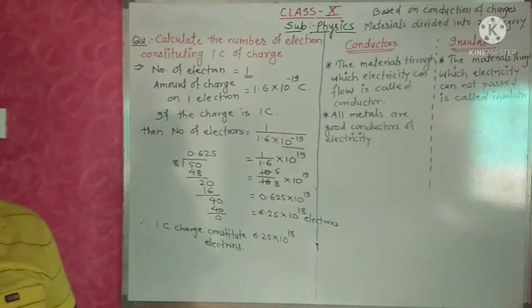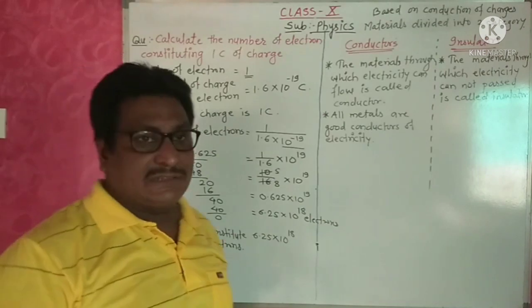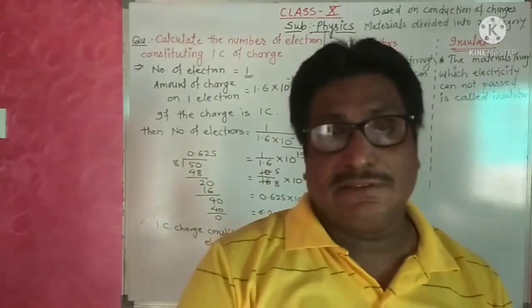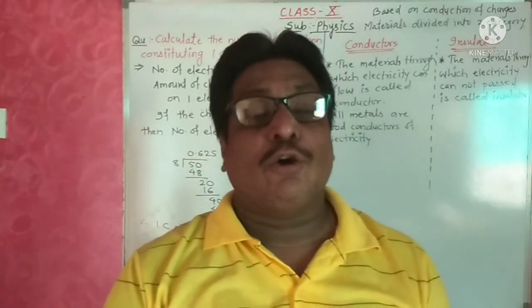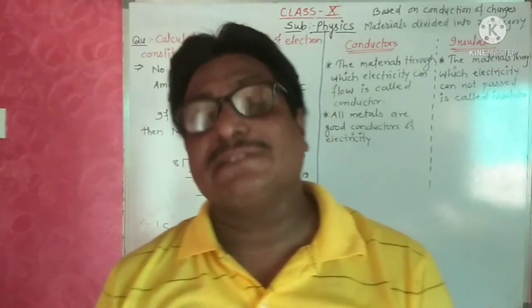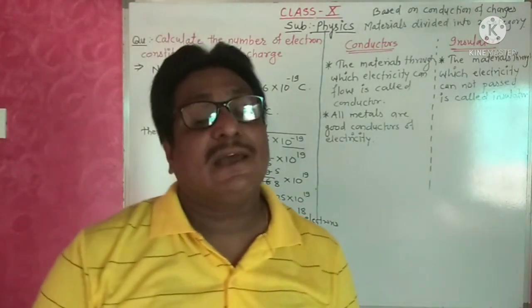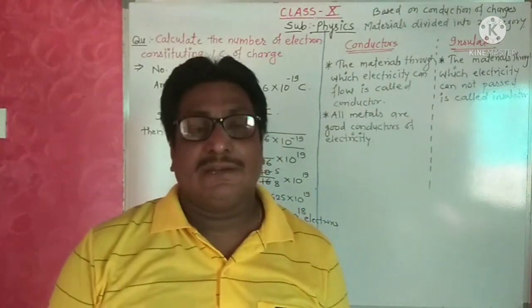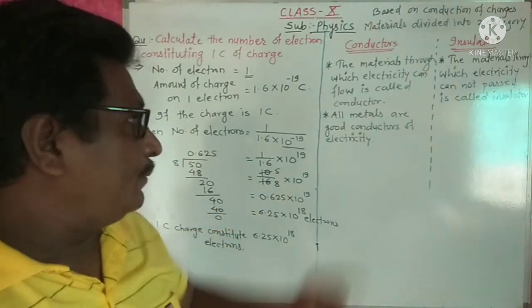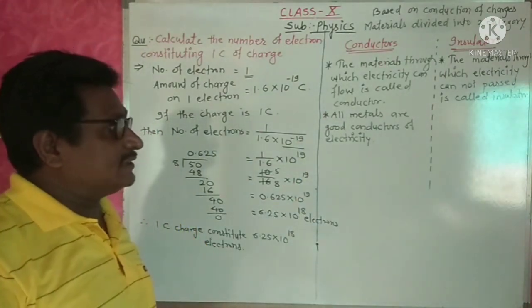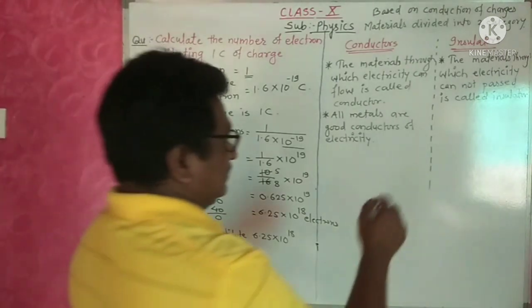Whatever metals there are, all metals are good conductors of electricity. And copper is the best conductor. That's why the electrical wires we make are made up of copper. Understood? So all metals are good conductors of electricity.